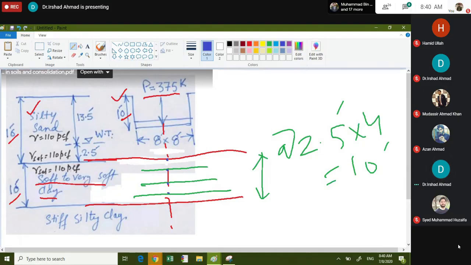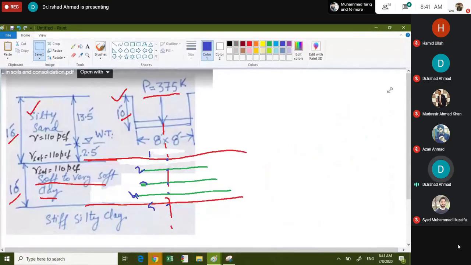This is point 1, this is point 2, this is point 3, this is point 4, and this is point 5. The value of Z is the depth from the foundation base.